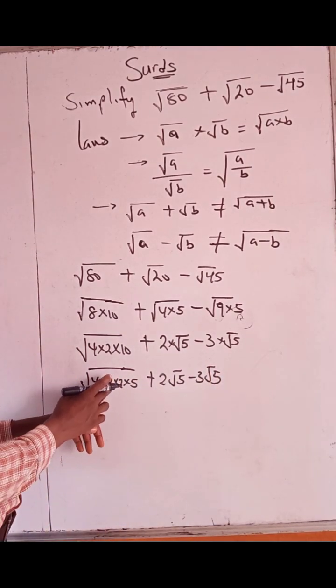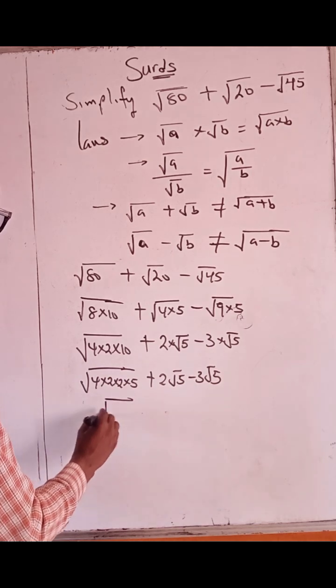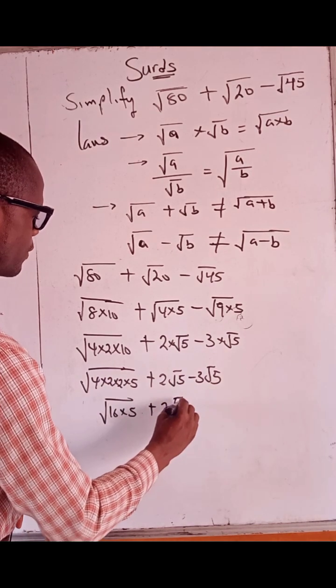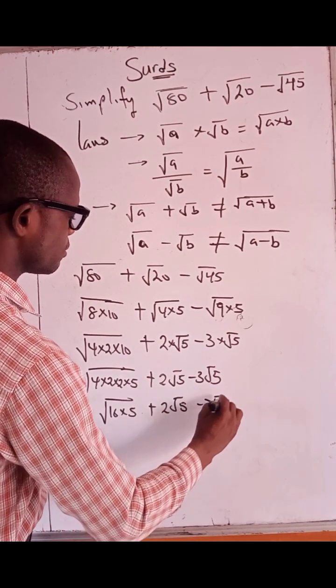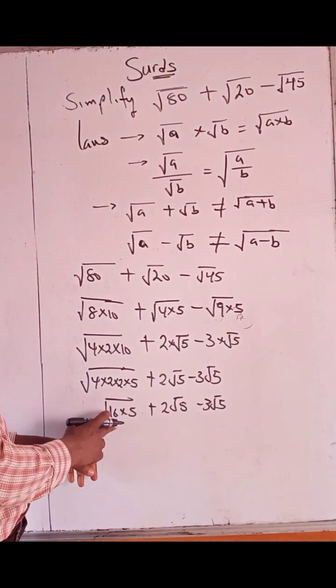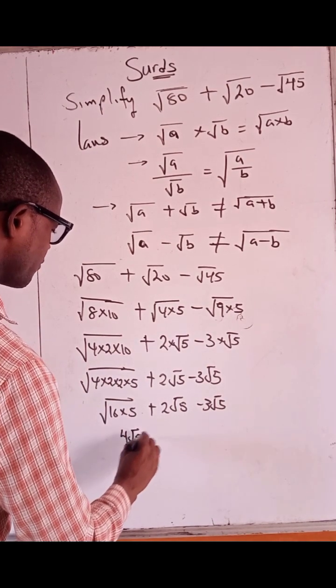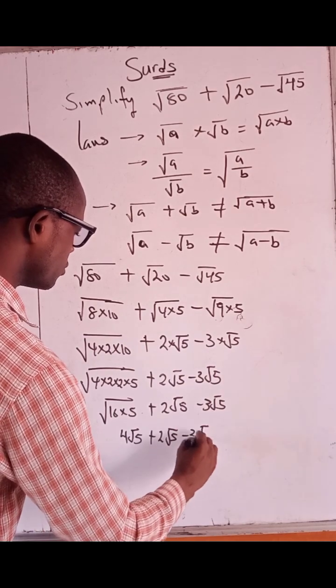This times this, 4 times 4, that's 16. So we have root of 16 times 5, plus 2 root 5, then minus 3 root 5. So what's the square root of 16? That will give us 4 root 5 plus 2 root 5 minus 3 root 5.